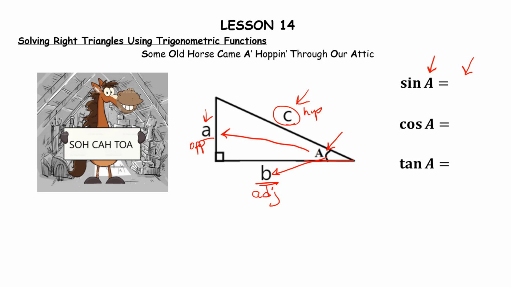The sine, cosine, and tangent functions have to do with this relationship in a right triangle. So the sine of angle A is equal to opposite, so little a, over hypotenuse, C. So sine is opposite over hypotenuse. That's what these three letters mean.